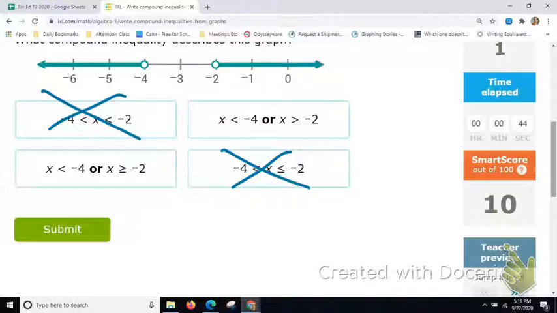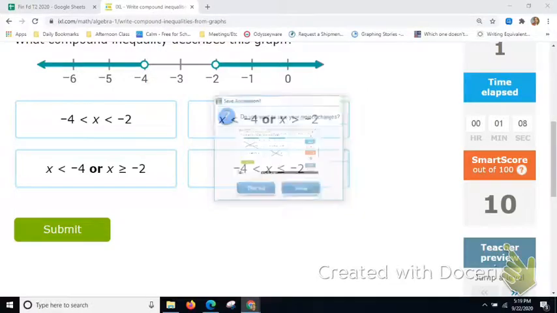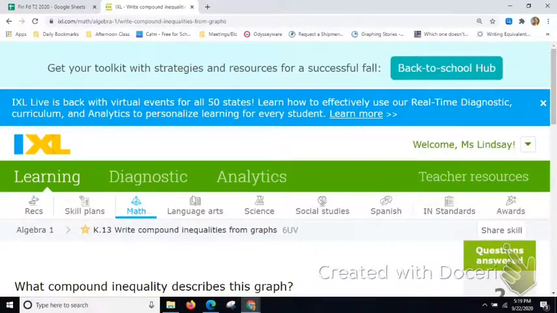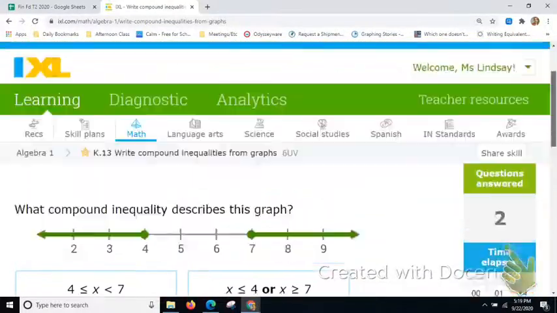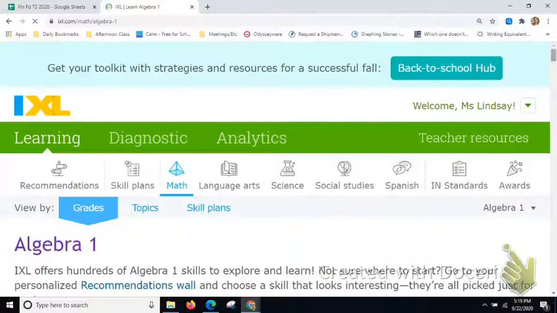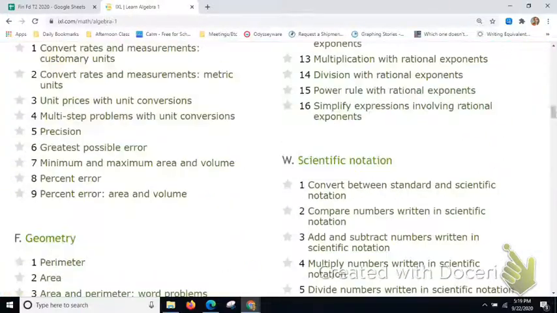Then I also want to check, what about my circles? I don't want any lines underneath because both circles are open. So that top right, there we go. So that's how we're going to write inequalities from the graph. You're choosing the right ones. That was K13.